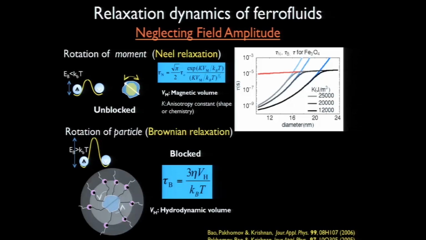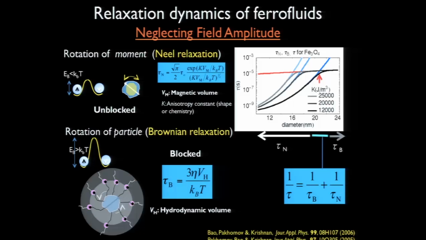Typically, since the Néel time goes exponentially, it goes like that with size. The Brownian goes linearly with size, it goes like that. There is some characteristic size where it transitions from the Néel relaxation to the Brownian relaxation. And there is, of course, this intermediate regime where it's a combined Néel and Brownian relaxation. So that's the basic understanding if you neglect the field amplitude.